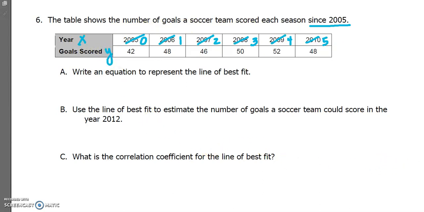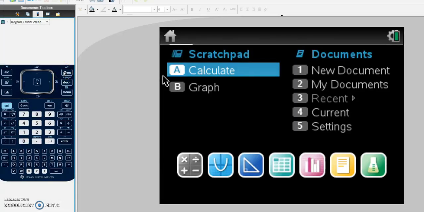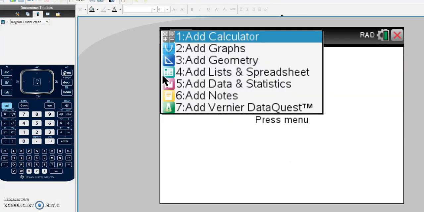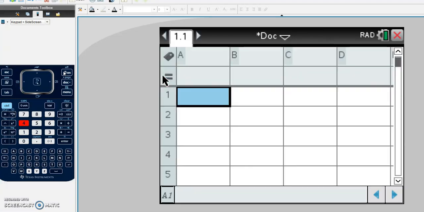So I'm going to go to the calculator now, and I'm going to type that into that spreadsheet. So give me just a minute. Okay, so remember we are going to start at the home screen, and I want a new document. So that's number 1, and I don't ever save anything. And I'm going to add a list or a spreadsheet, so that would be number 4.